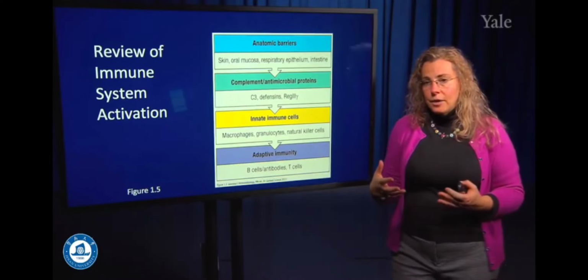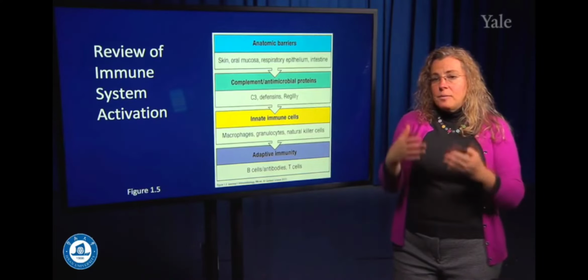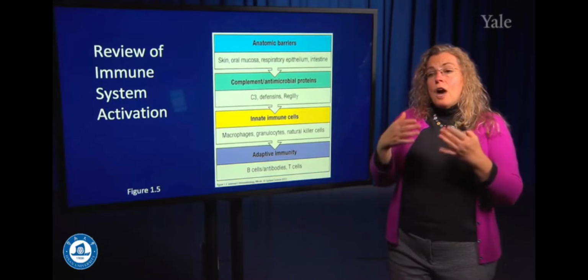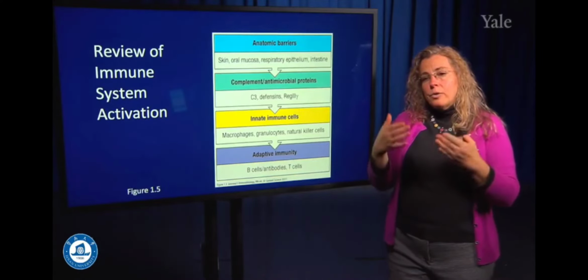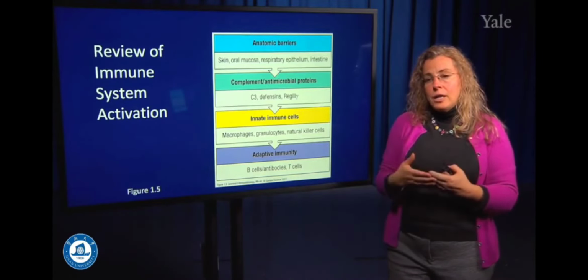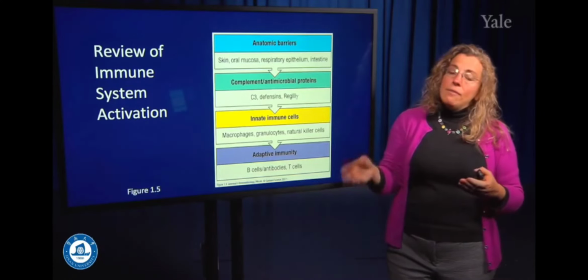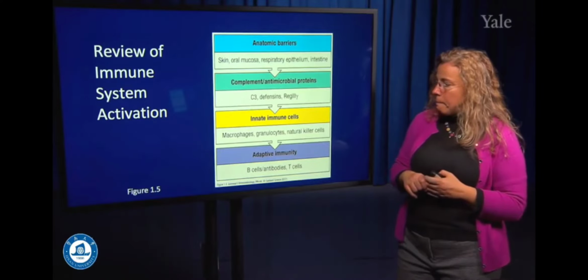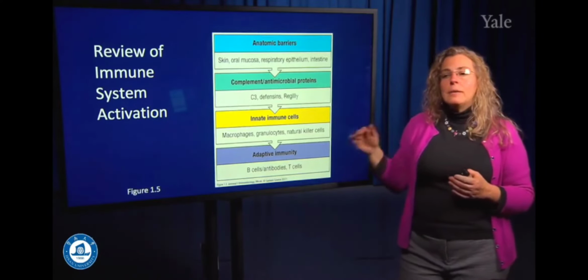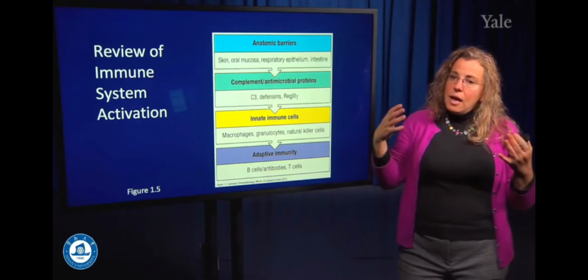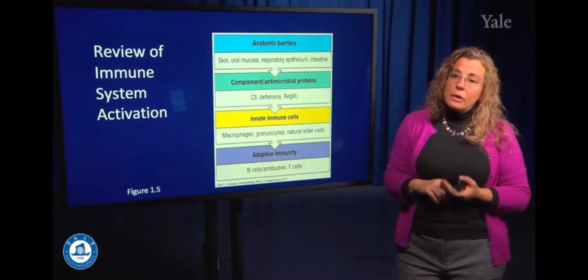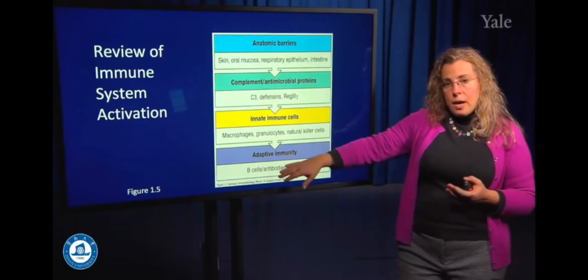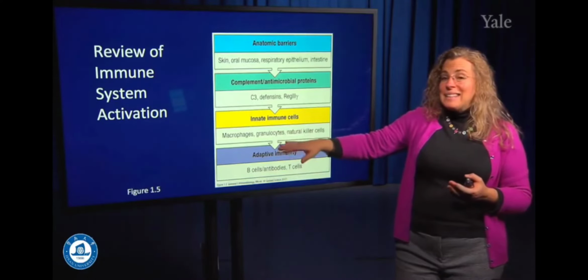But their job is to be the sensor cells, the sentinels, at the sites of barriers, and if the barrier is breached, they're there and ready to respond to a threat if there's actually an infection with a pathogen. Now, if those innate immune cells cannot eliminate the infection on their own, they will recruit the adaptive immune response. And remember, that takes days to weeks to occur.